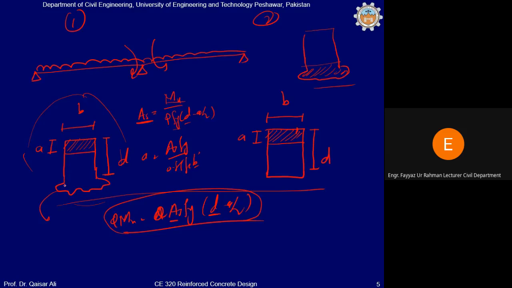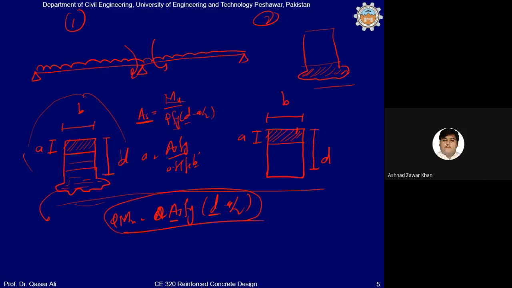So below this, the section is in tension, and since we assume that all the tensile stresses will be taken by the steel, whichever the shape of the section is in the tension region, it will not affect the design of the beam. Clear?